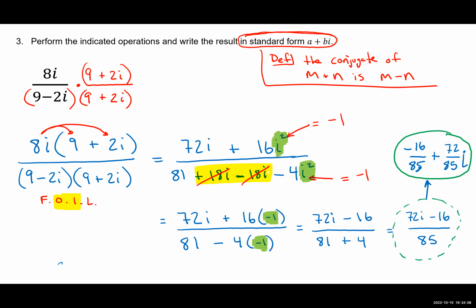So that would be our final answer. The a is the fraction -16 over 85. The b is the fraction 72 over 85. So we did subtraction, then multiplication, then division. Let's see, next problem.